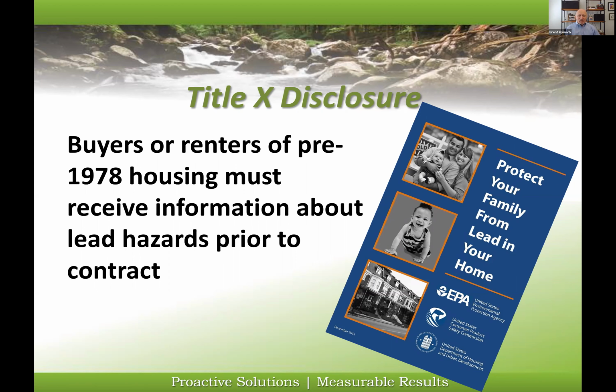The National Association of Realtors has done a great job of working with the real estate and realtor community to make sure that if you're in the process of a transaction for buying or selling a home and it's pre-78, they have a box that they check, so to speak, and they distribute this information typically as part of closing.